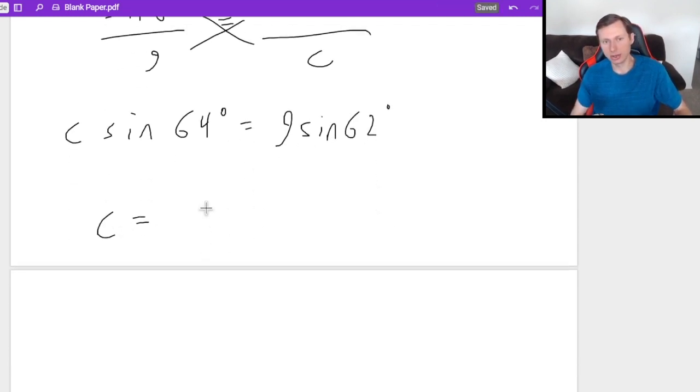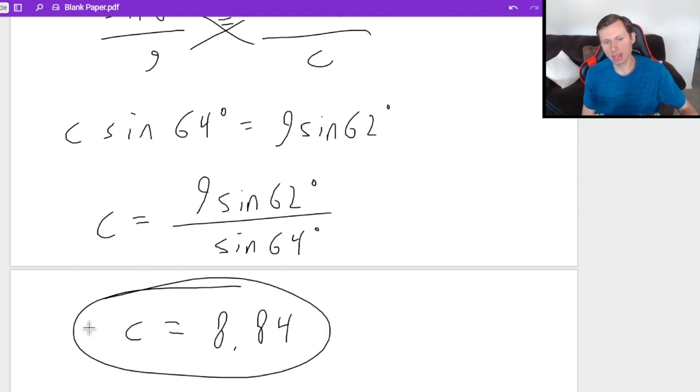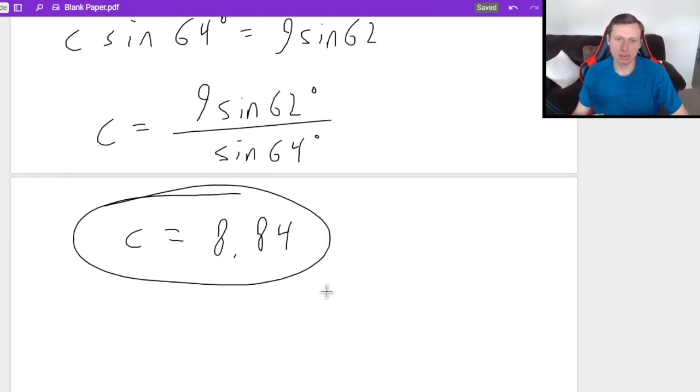And so C is going to be 9 sine 62 divided by the sine of 64. And if I plug this in a calculator, I will get 8.84 as my side length. And there we go. There's all the problems I want to look at today for the law of sines.